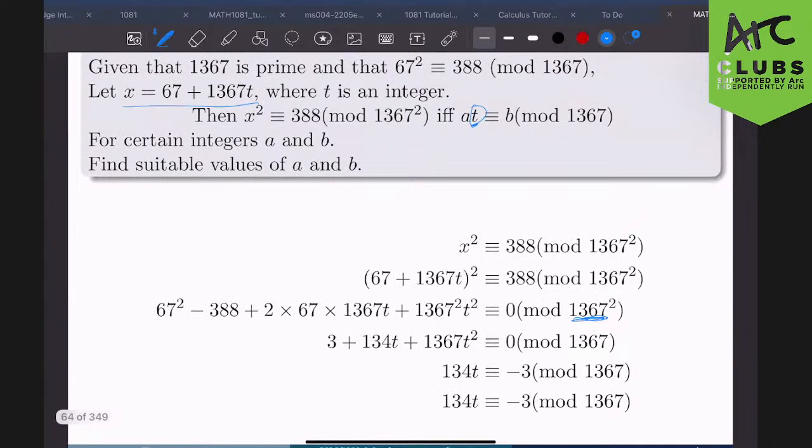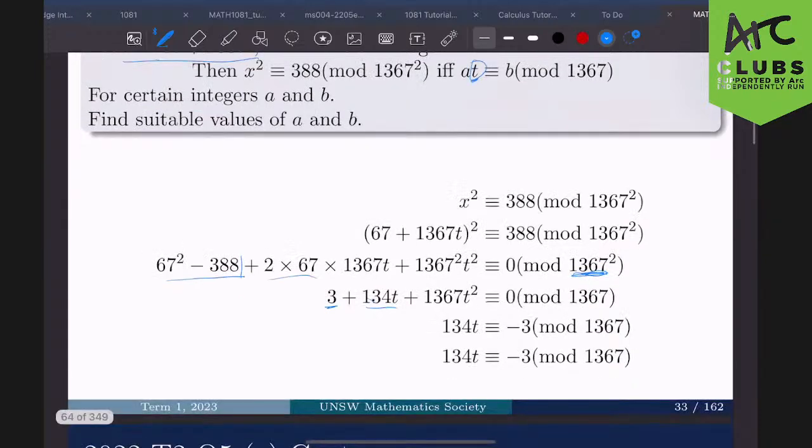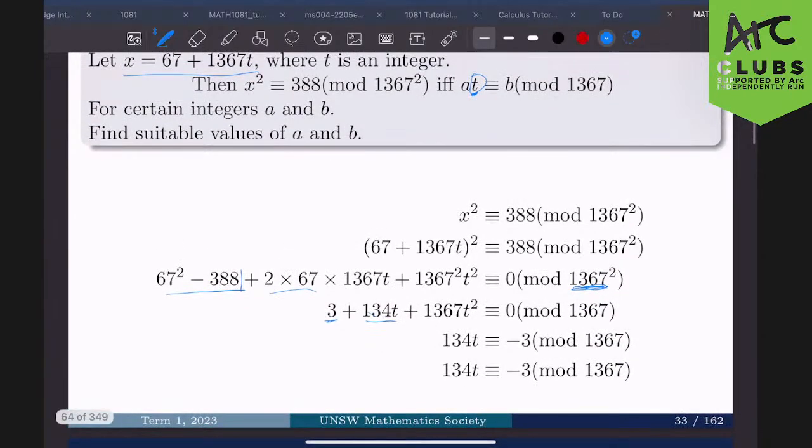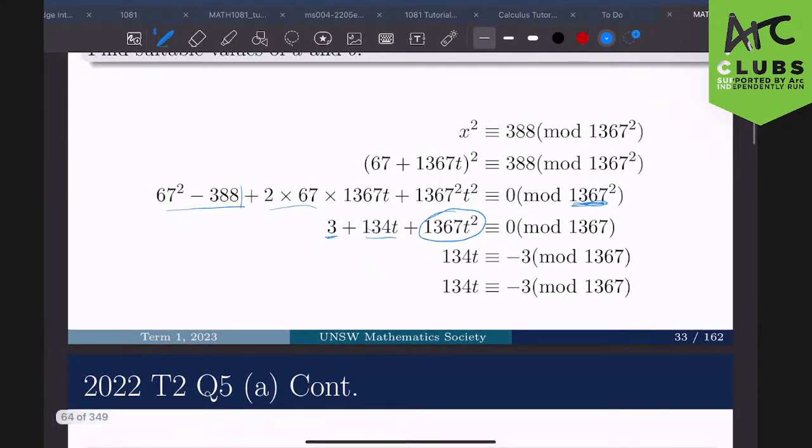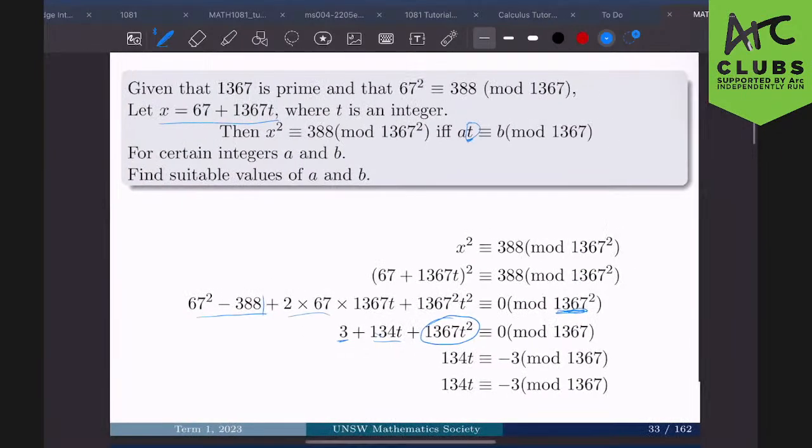And dividing by 1367, luckily this very nicely just turns into 3. Now we can observe that, mod 1367, this is going to be congruent to 0 because it's multiplied by 1367, so we can just get rid of this term, and then rearrange this equation, and that's going to be our final answer.